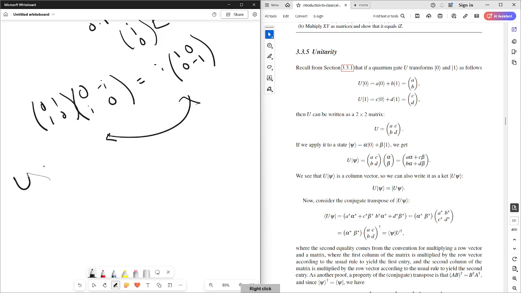We also know that valid quantum gates are unitary. So what does that mean?